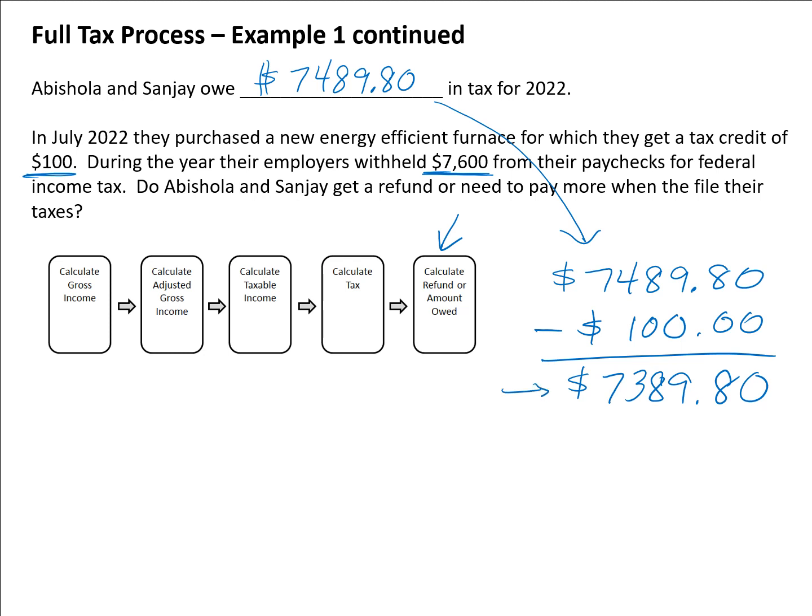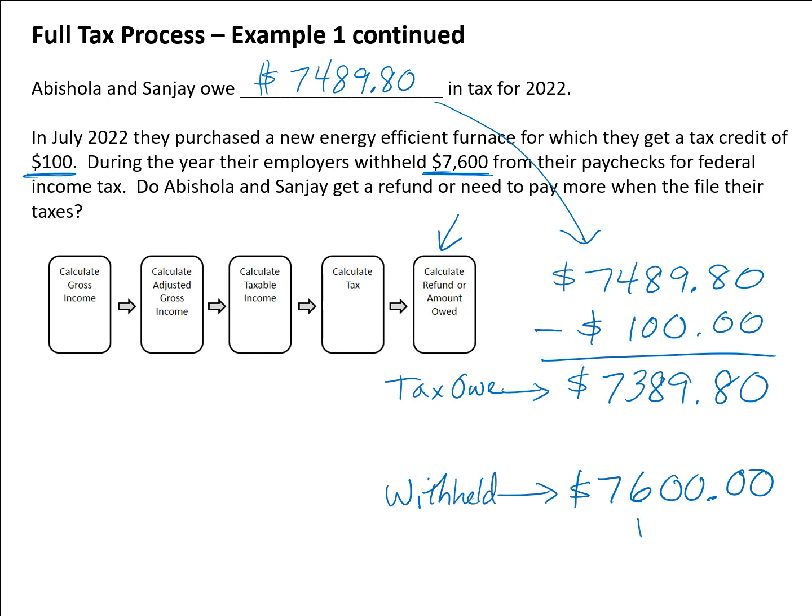Well, this is the tax they owe, and they had $7,600 withheld. Now, withheld means it's already been paid by their employer. In other words, they've already paid it because it came out of their paychecks.